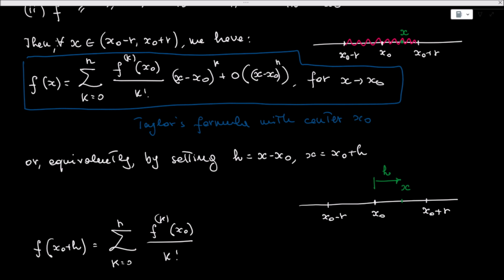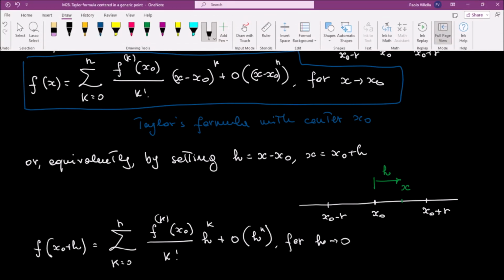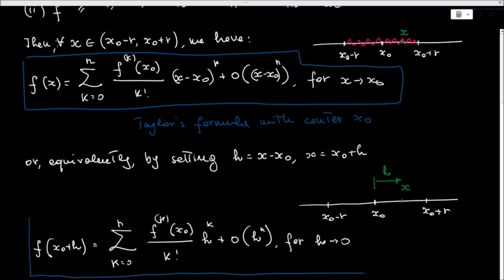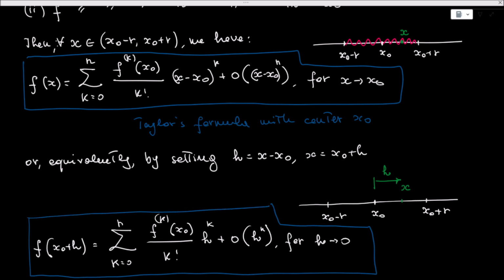And instead of having x minus x0, we can just write h raised to the k, plus little o of h to the n. And this is for h that goes to 0. This is just an equivalent representation of the same idea, expanding the function at a generic point x0.